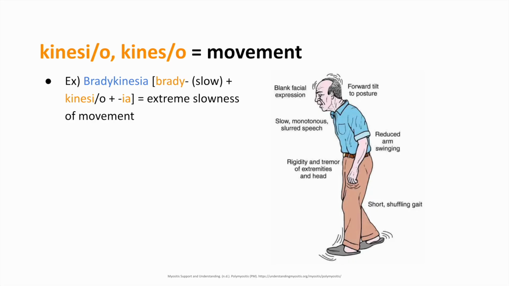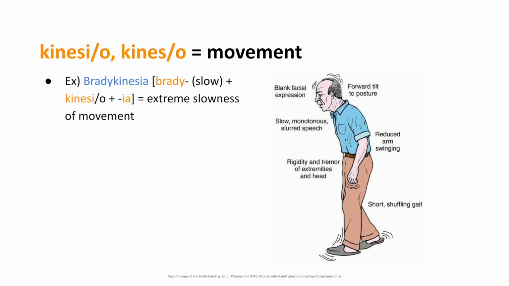That's basically what bradykinesia means. It can have changes in facial muscles, a little bent forward posture, slow speech, reduced arm swinging, some rigidity and tremor. So bradykinesia is basically a disease of age, I would say.